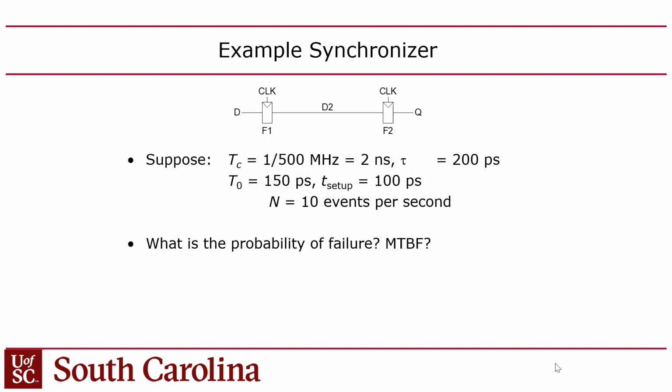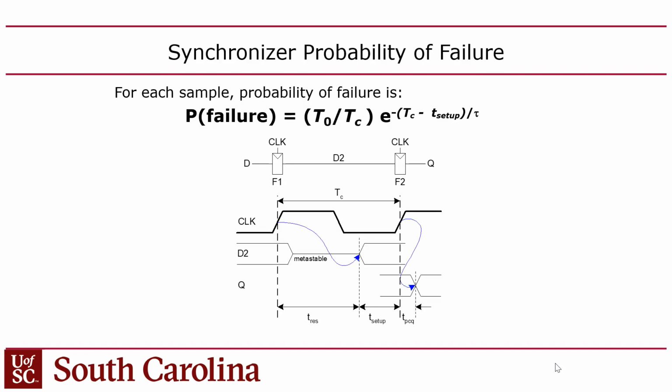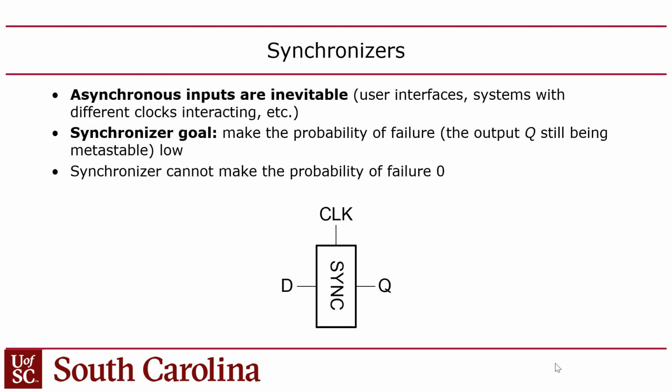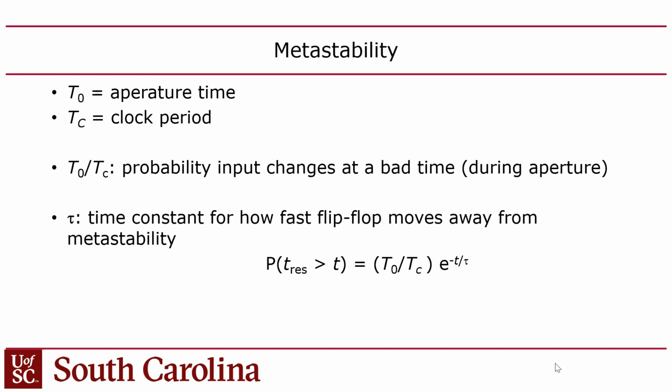Let's say tau is 200 picoseconds. What does that mean, 200 picoseconds? Well, if you remember from statistics, did you take 509 yet? In 509, you probably remember the exponential distribution, where tau is essentially the mean.